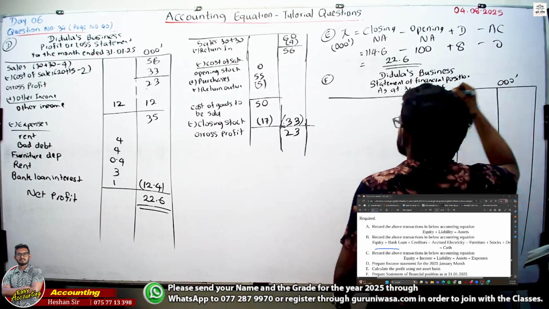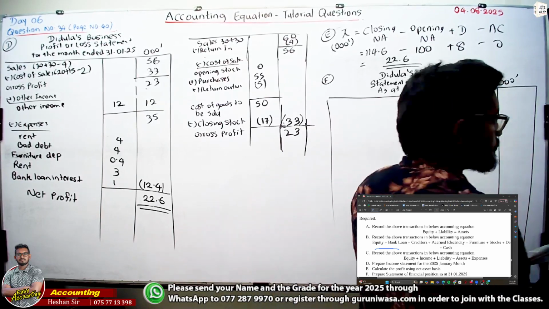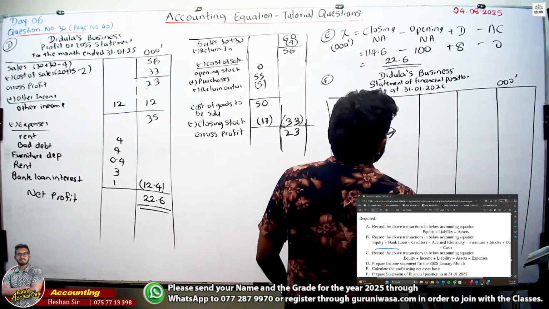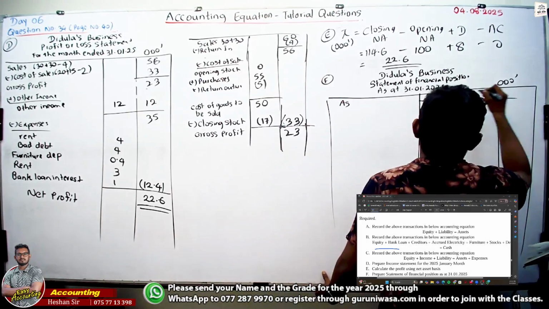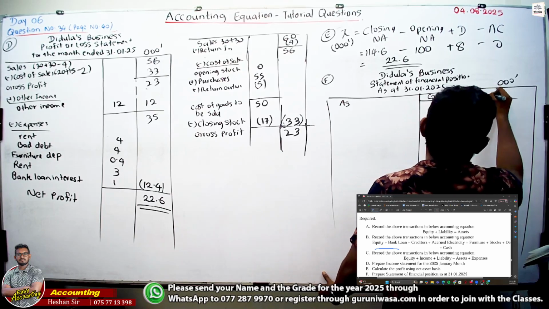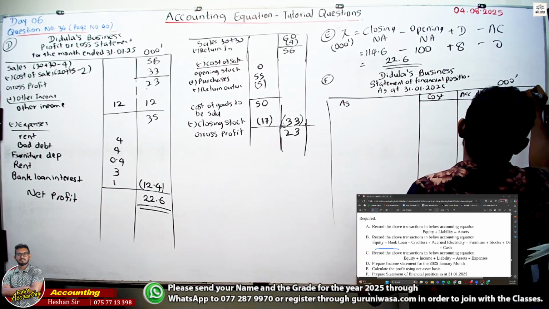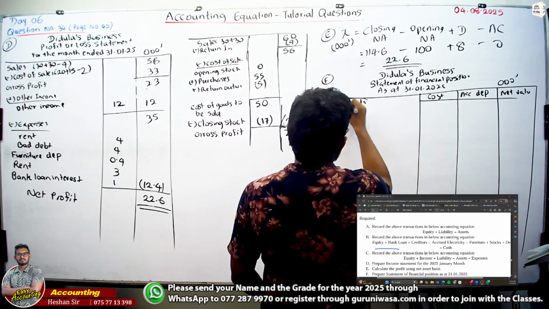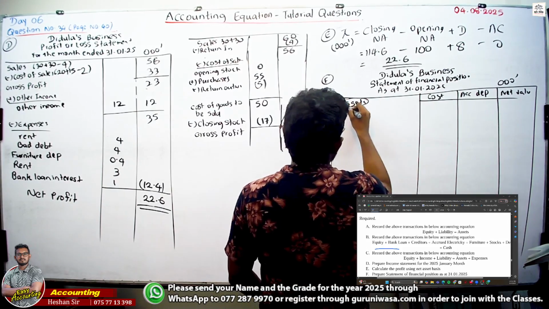All the things using thousands. There is depreciation as well. Cost, accumulated depreciation, net value. Assets, non-current assets.